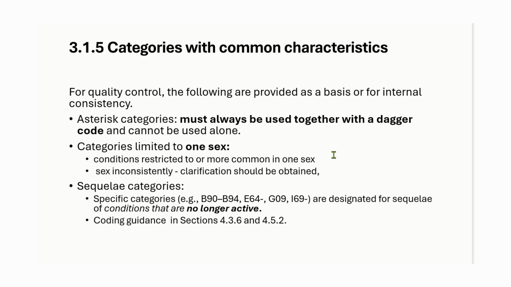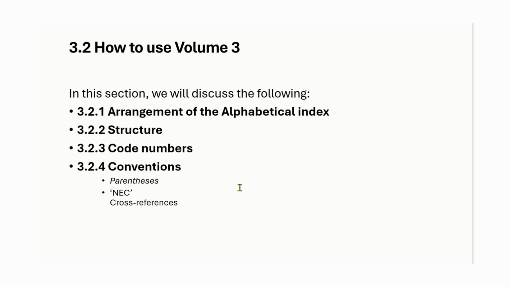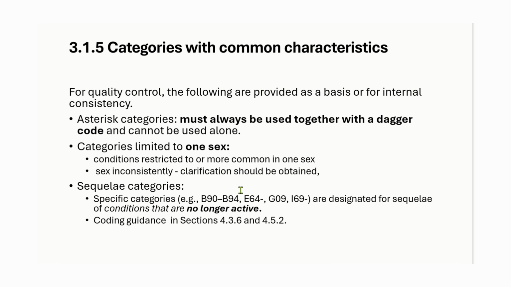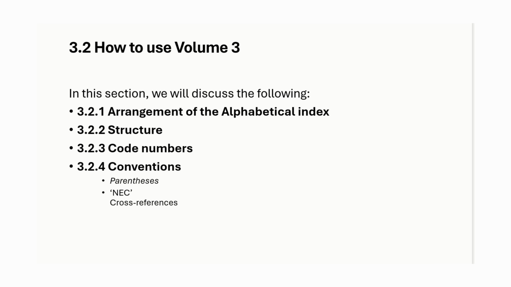Here, there are certain conditions which are restricted to, or more common in, one sex. And lastly, there are sequelae categories, for which I've given examples, designated to conditions that are no longer active. You'll find more guidance in sections 4.3.2 and 4.5.2 of volume 2.